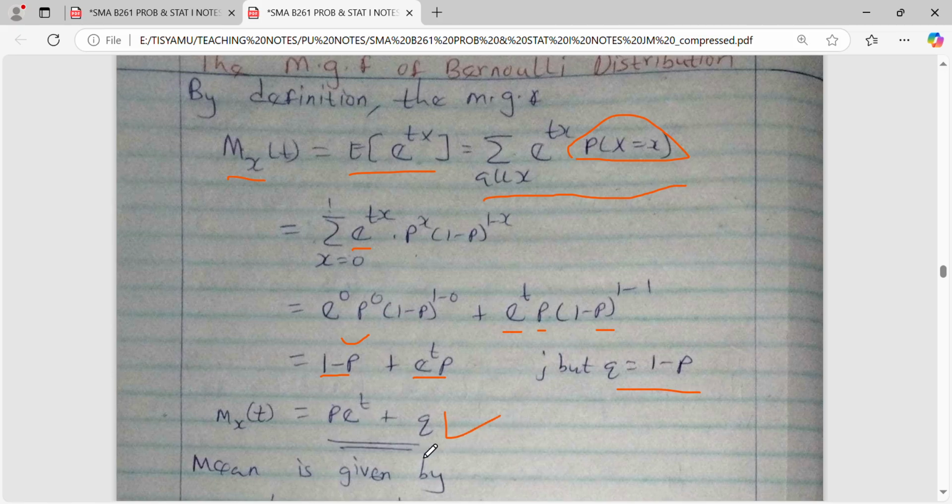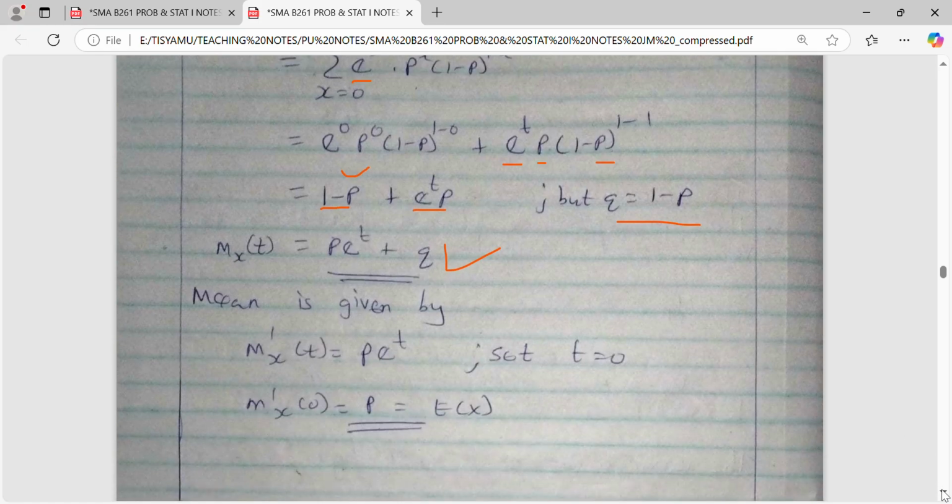So we are supposed to use this MGF to find any moment, and we know we do so by differentiating the MGF depending on the raw moment you are looking for. For instance, if you are looking for the mean, we are going to differentiate the MGF once with respect to t, and then set t to be equal to 0.